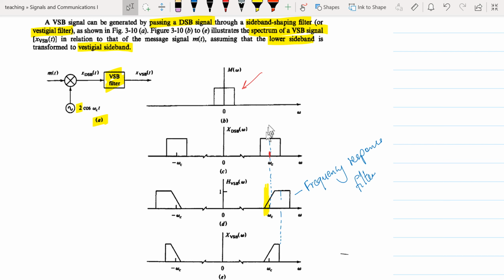And therefore, when we now want to get either the upper sideband or the lower sideband, like we did with the single sideband modulation, we would require a filter that will just cut off a portion of that, so that you can cut off either this one or the other one.